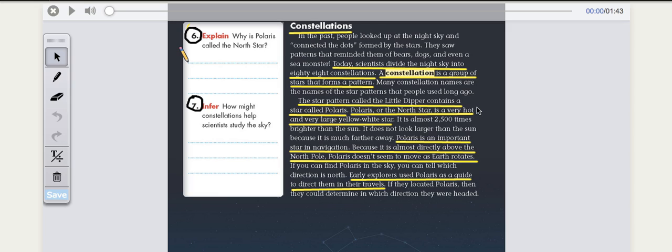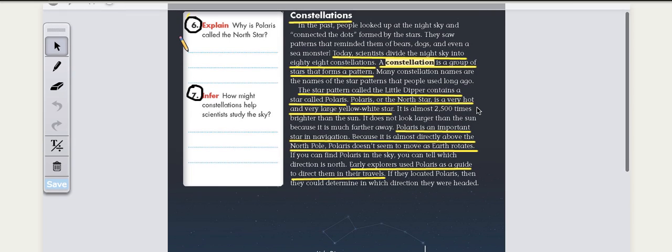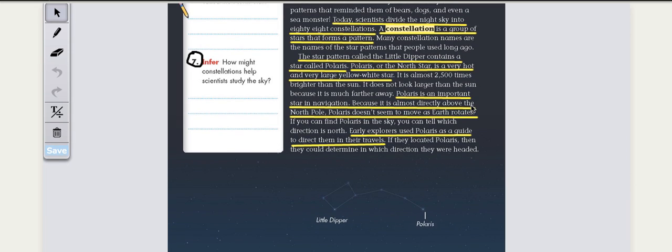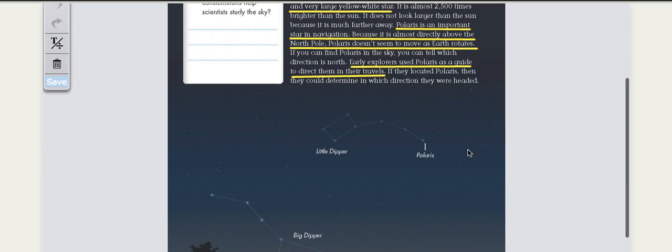One of the star patterns, or constellations, is called the Little Dipper. The Little Dipper contains a star called Polaris. Polaris actually is a very important star. If we look here at the Little Dipper, this is the shape, and this is the star that is called Polaris.